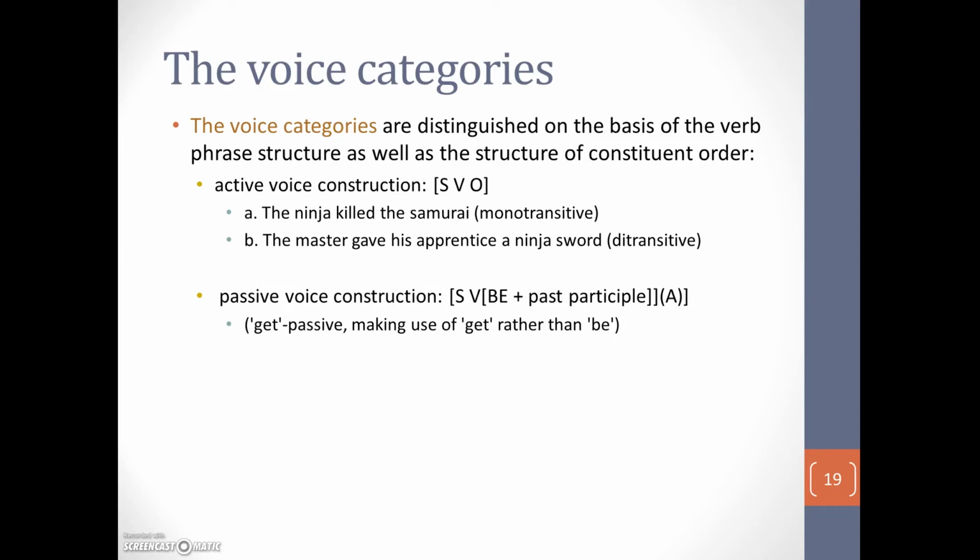So you can see we have an A there in brackets. Now we can also use get rather than be to form a passive, but here we're just going to focus on the most standard passive, which is formed by be, but you can also use get, although this is more informal.